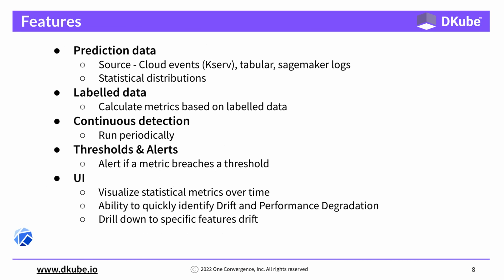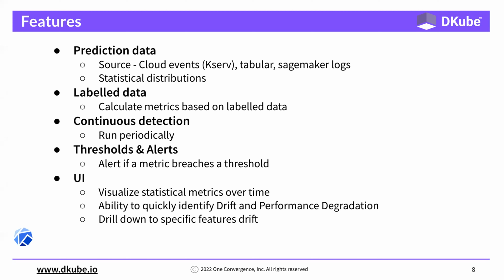In terms of prediction data, now you have the training data, you could do the baselining, you have some understanding of what the training data would look like. Now you're comparing against the prediction data, and if the deployment is KServe, KServe has something called cloud events. It's a particular format in which it logs the inputs and outputs from the model.